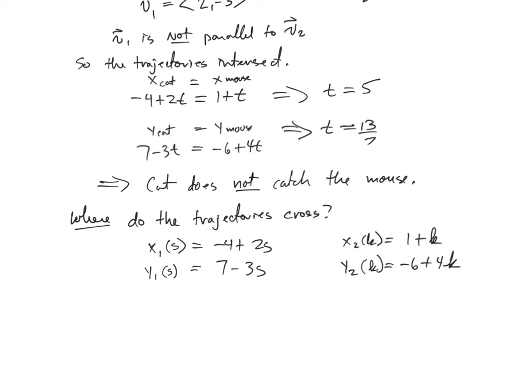Okay, well, our objective here, we're trying to find where these two lines cross. So what we want to find are the values for s and k such that x1 equals x2 and y1 equals y2. Because that's the crossing point, the intersection point, where the x coordinates are equal and the y coordinates are equal. We want to find the values for s and k that make that true.